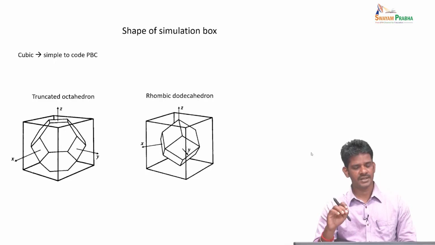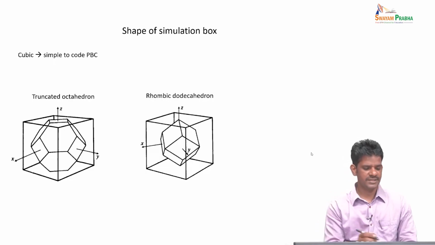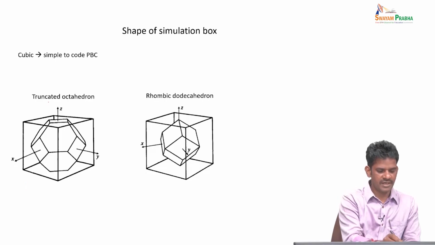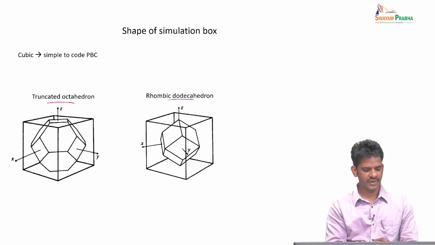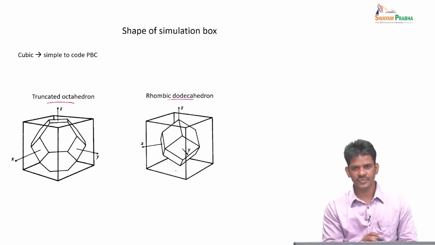There are certain other simulation box shapes that are sometimes used. One is known as the truncated octahedron, and another one is the rhombic dodecahedron. The truncated octahedron is shown here, bounded by a cubic box, and here also the rhombic dodecahedron is shown within a cubic box.